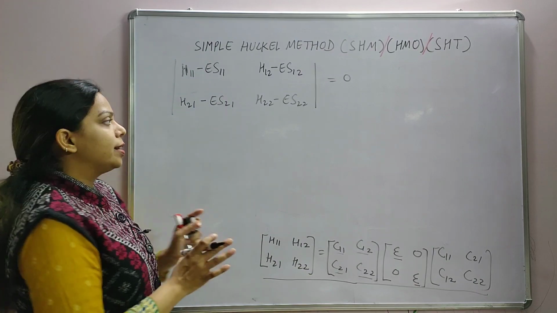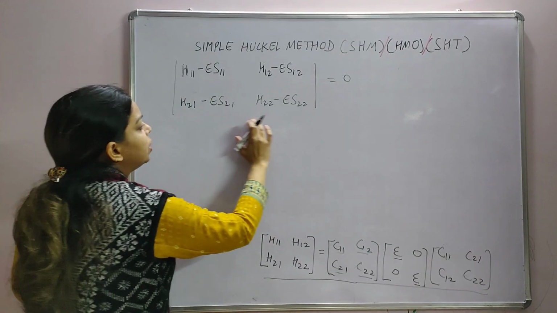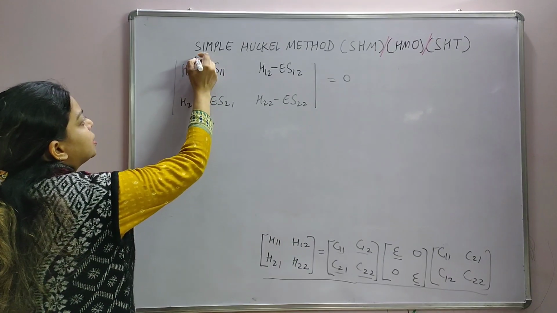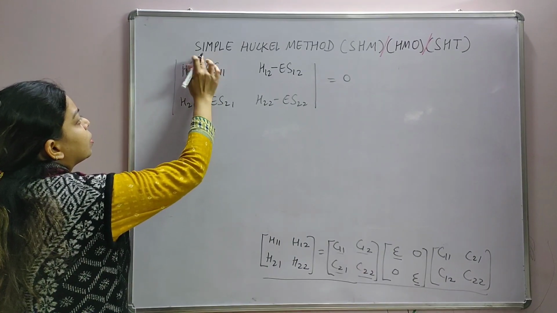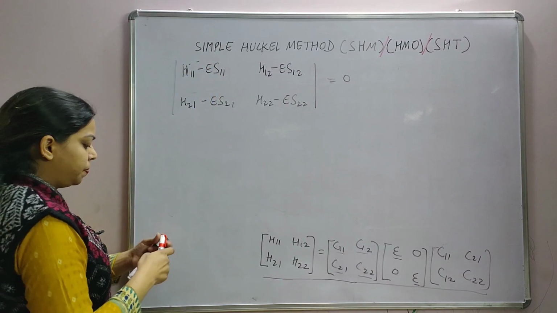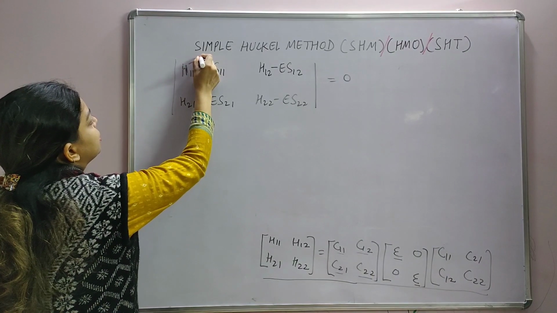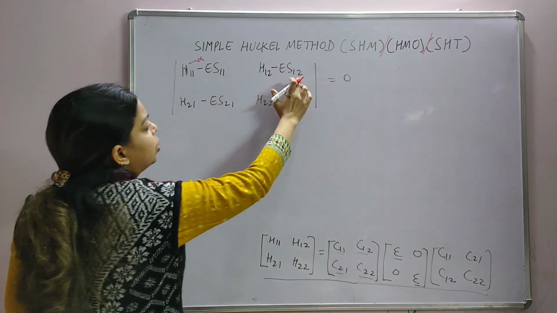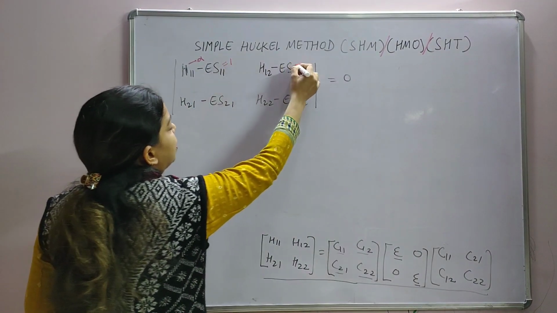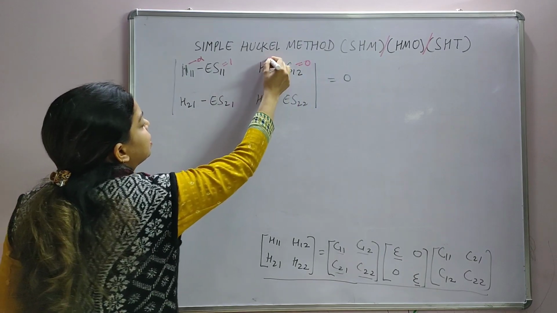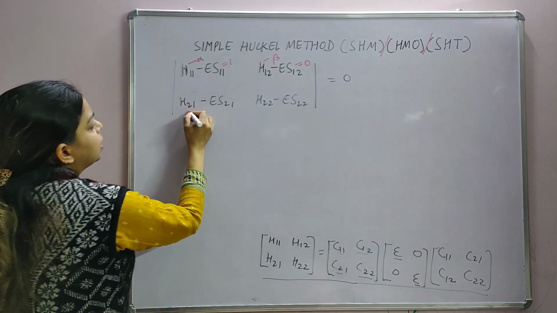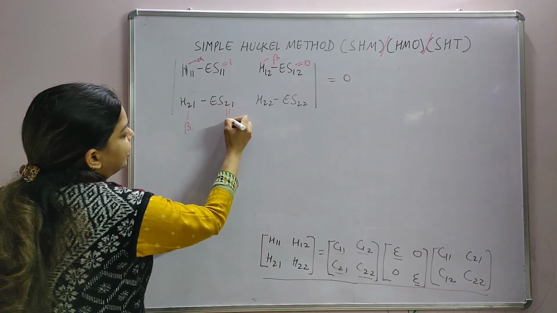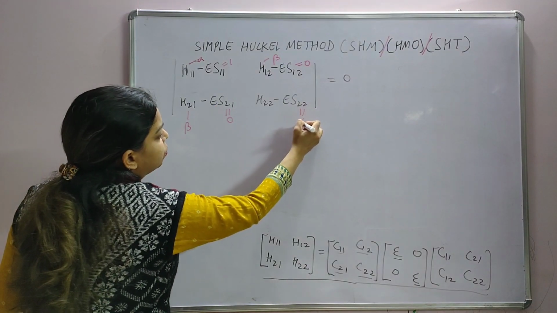Now let's move to the previous steps. What we did in the last class, we had this secular determinant equal to 0. Here this element is alpha. S11 was 1, S12 was equal to 0, S21 was 0, S22 was 1, and these off-diagonal elements were called beta.